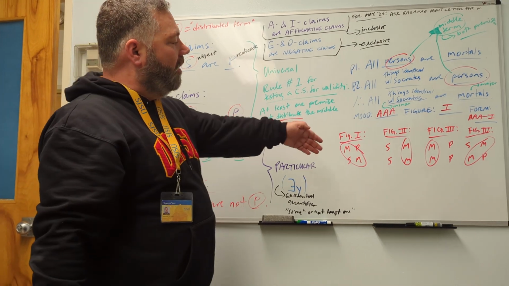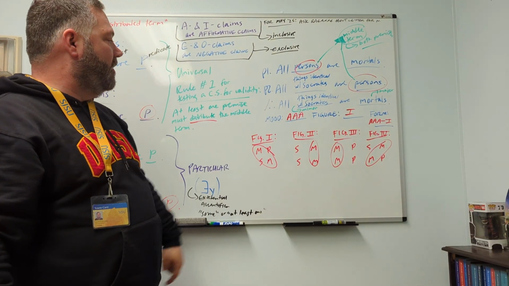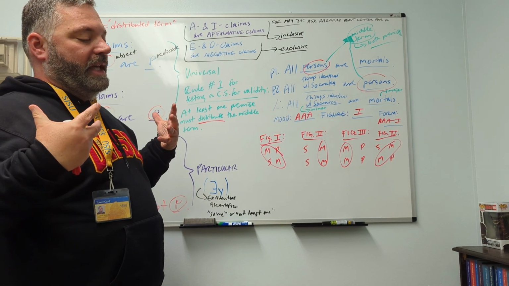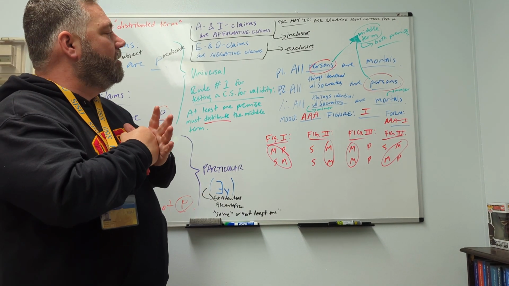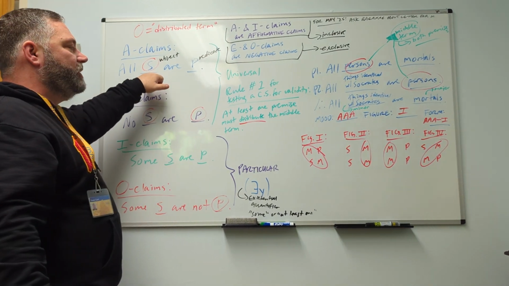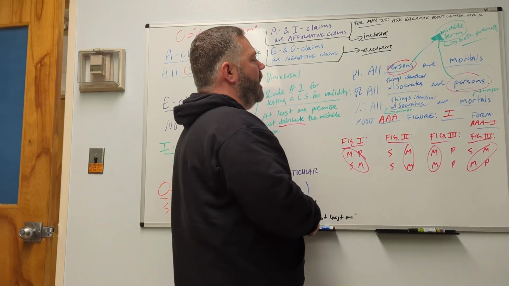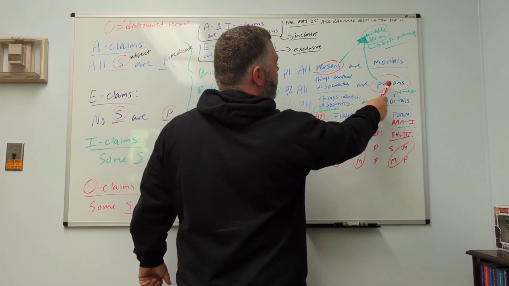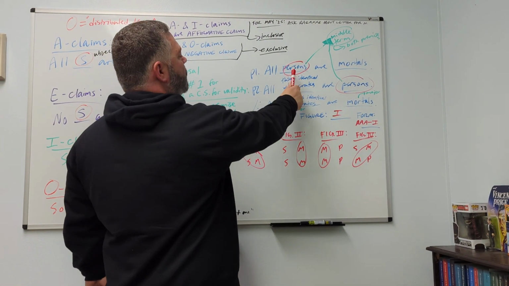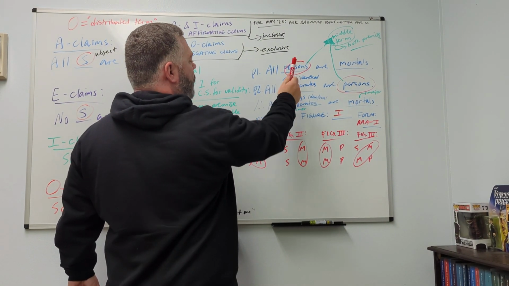Since we're dealing with all A claims in this syllogism, it must be the case that our middle term is distributed, right? The subject term is distributed in an A claim. Our middle term in this syllogism, the one that appears in both premises, not at all in the conclusion, is persons. Persons appears as the middle term in premise 1.